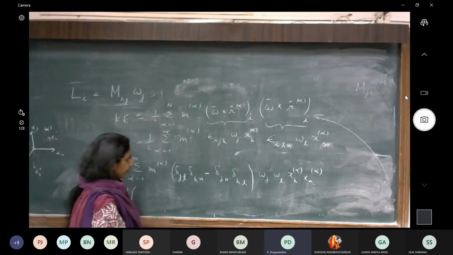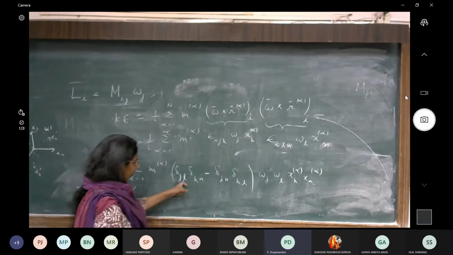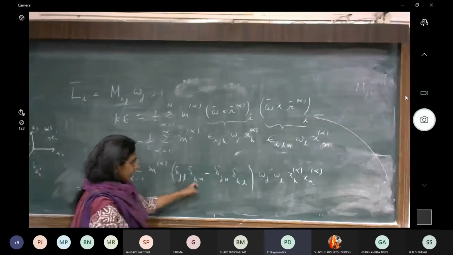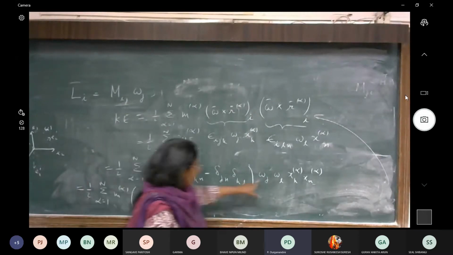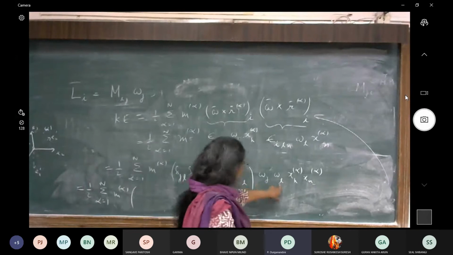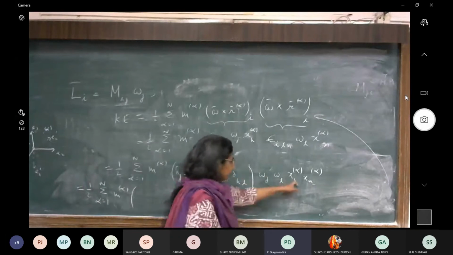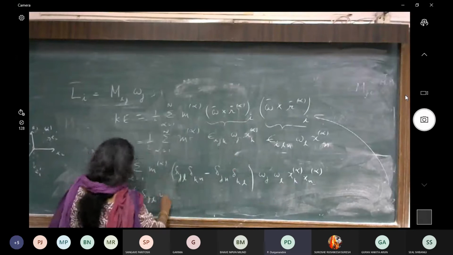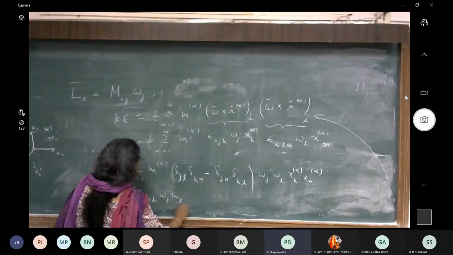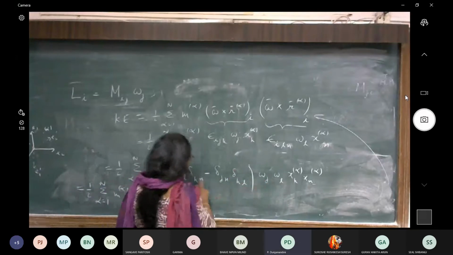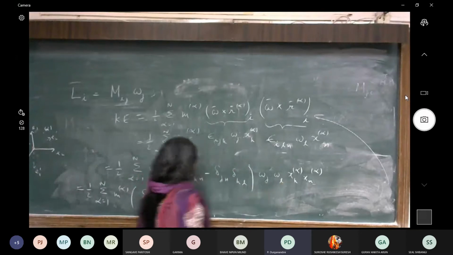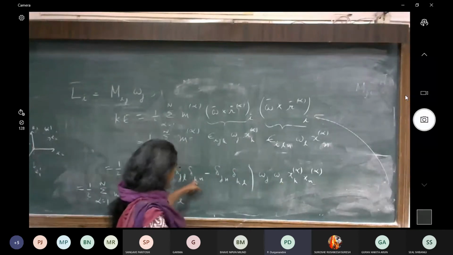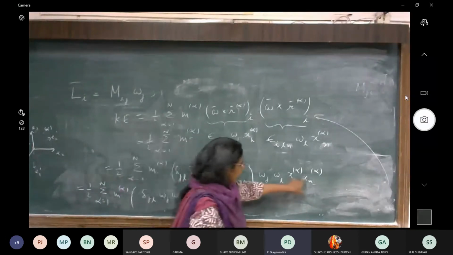Now look at the first term. It tells me that j should be equal to m, because you have a delta jm and delta kn. So it tells me that this expression will vanish unless j is equal to m and k equal to n. So I prefer to write this like this, omega j omega m. This part I will not do any contraction, and on this part I'll do the summation, so it will become delta kn times x_k alpha times x_n alpha.